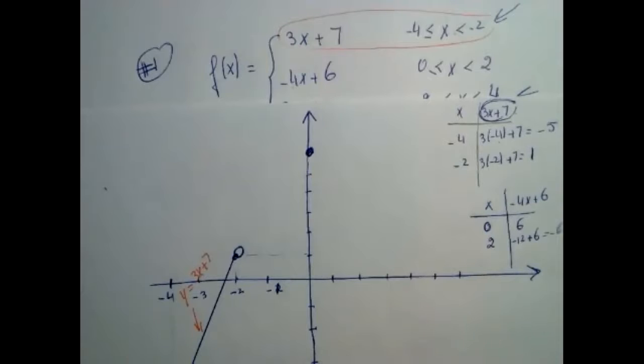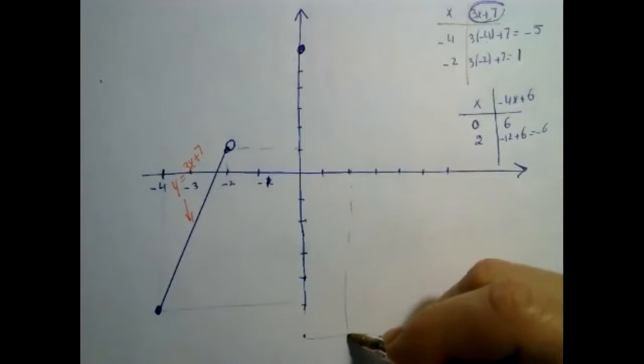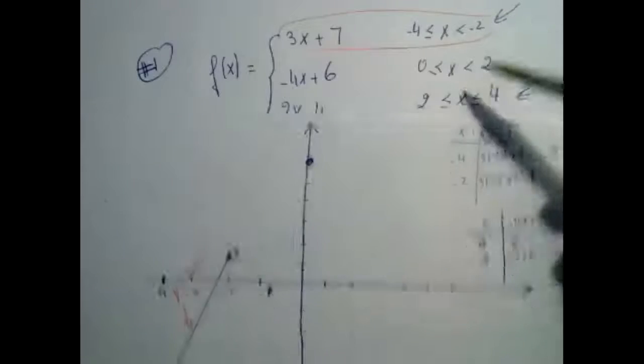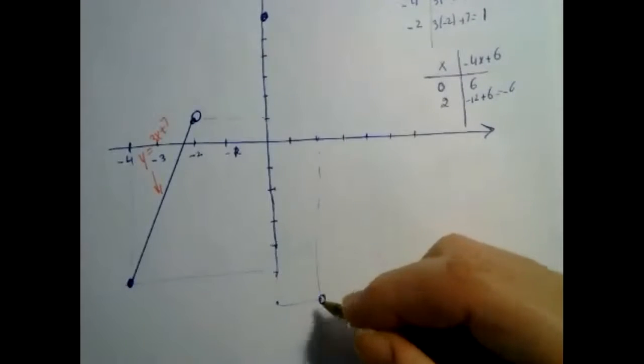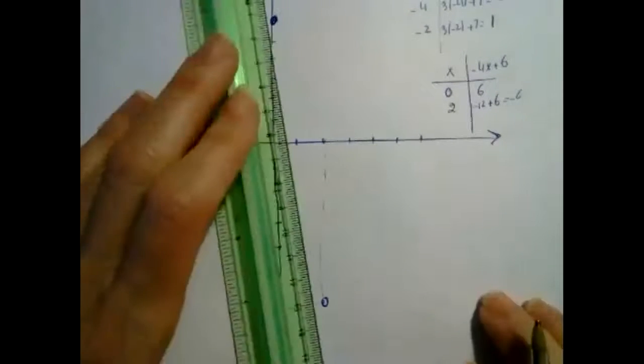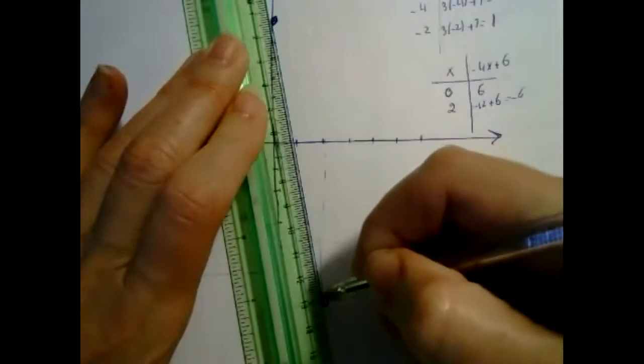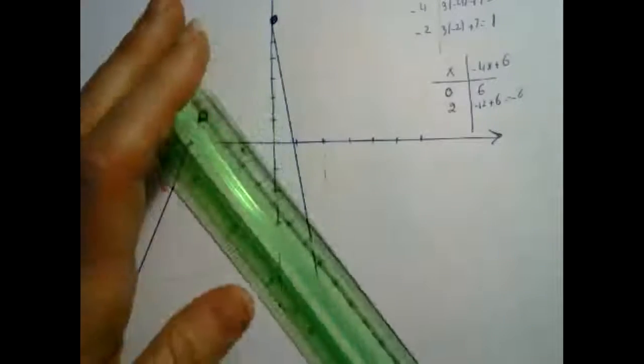It's -6. So at 2, I'm going down here. But now 2 is not included. I'm going to open it. And then I'm going to connect the piece between here and here. That's a straight line. That's it. That's the second piece.